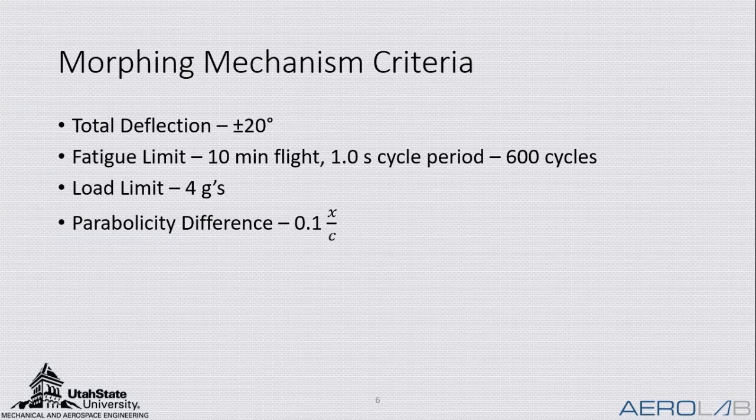We also determined that this morphing mechanism had to be able to take the structural loading expected on general aviation aircraft. What general aviation aircraft do, and this is once again a little bit of a simplified statement, is they determine the full weight of the aircraft, and then they determine how that lift distribution would be discretized along the wing.